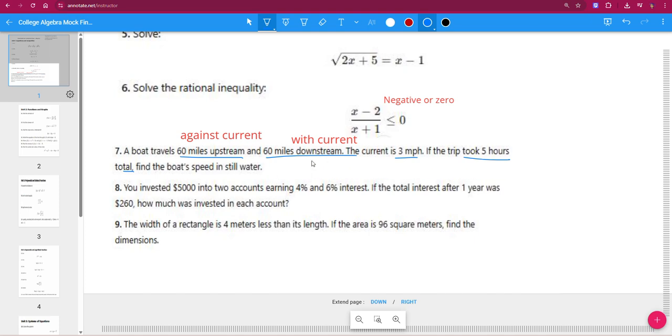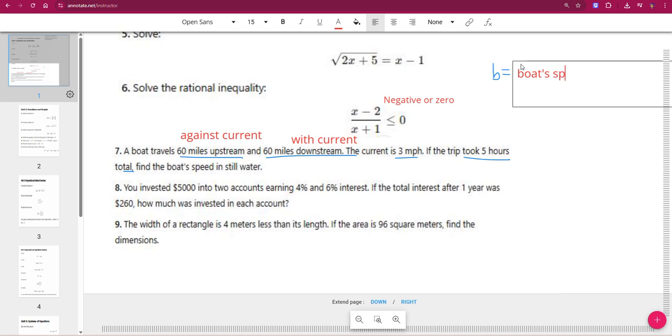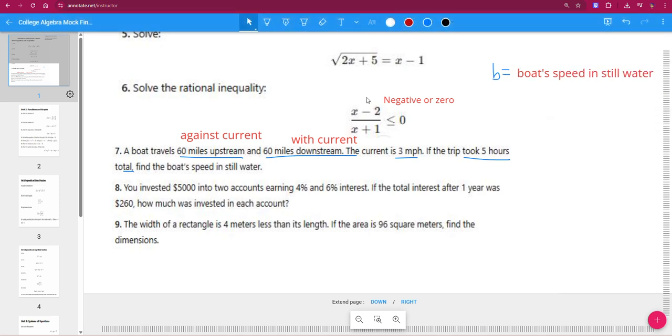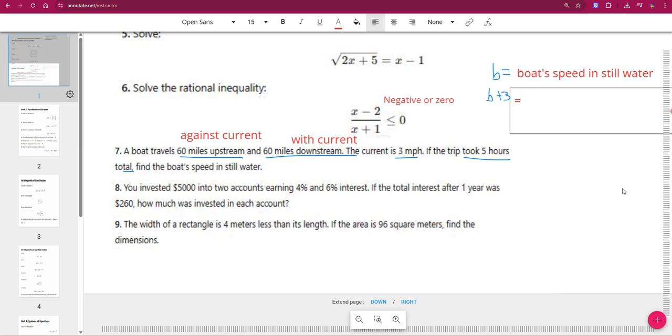There's no current at all. So let's say B is the boat's speed in still water. Then B plus 3 would be the boat's speed. B plus 3 is the boat speed downstream.